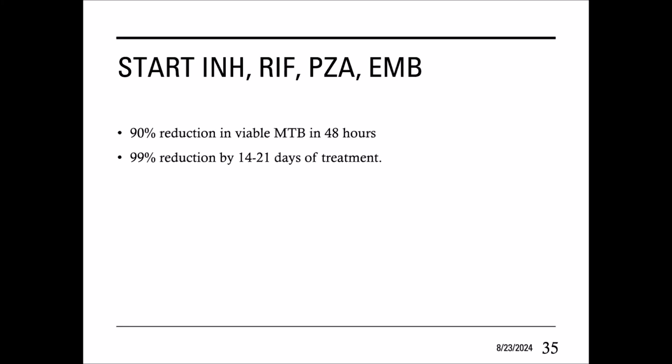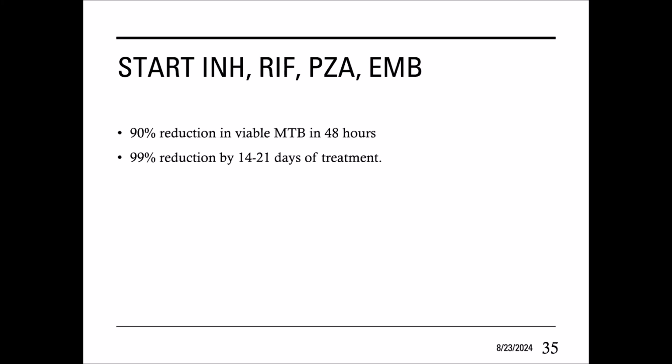Now, there's still lots of TB in the lung itself and in the cavity itself or in the pleural fluid itself. But what's coming out in the sputum is heavily damaged and dying quickly, and there's a 99% reduction by 14 days. So what they've been able to say is that 5 days is going to get your burden of TB in the sputum down by probably 95, 98%, and the patient is coughing.